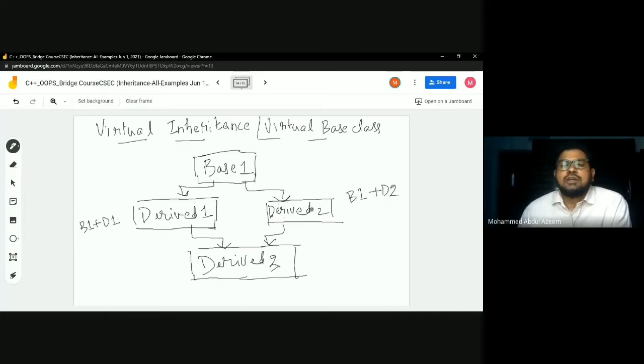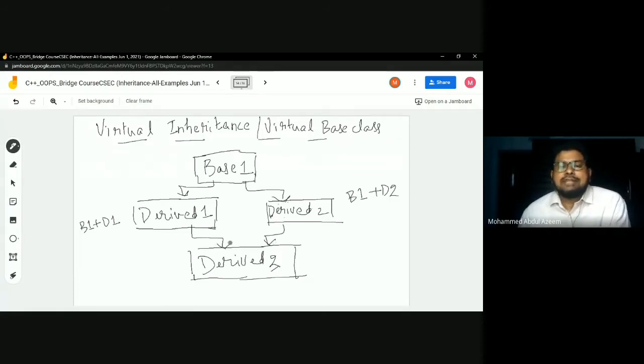Got it? So here at Derive 2 we have a set of properties coming from Base 1 and its own properties, that is D2. Got it? Now let us try to go to the next level, right?